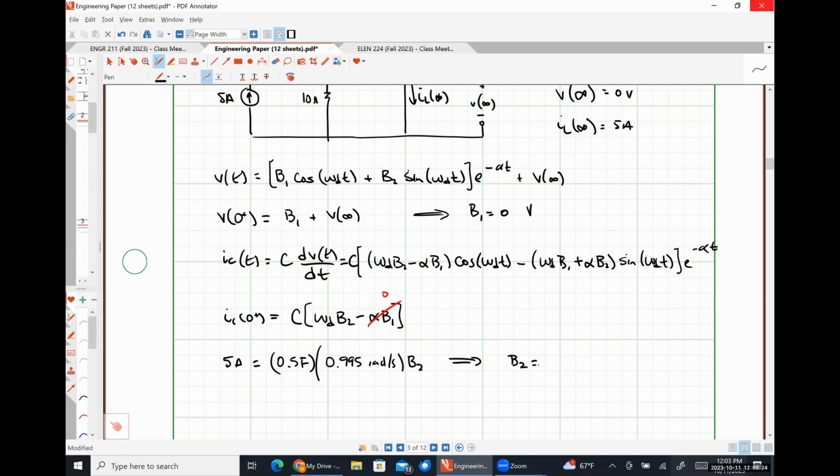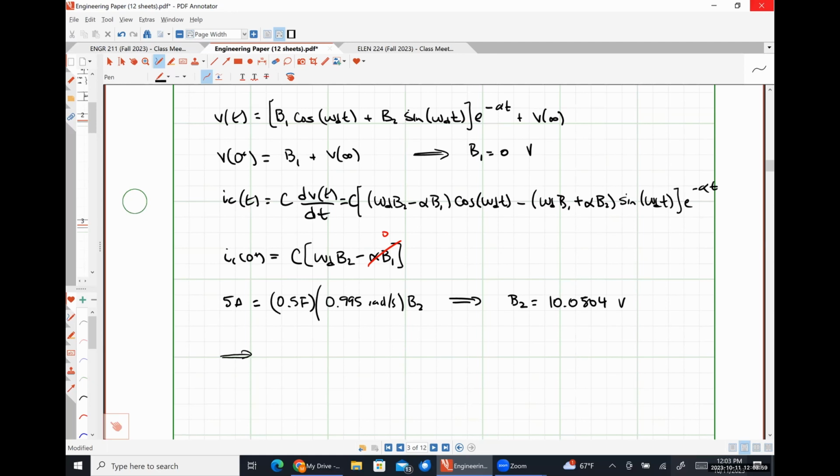So B2 should be approximately 5 divided by 0.5 times my previous answer, 10.0504, something like that, volts.